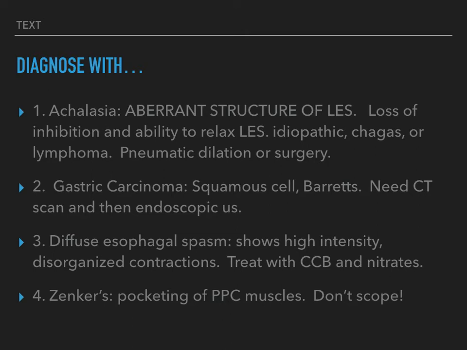You want to get a good idea of the anatomy on barium studies, and if you do scope a Zenker's, if you perforate, the patient will have subcutaneous crepitus, and perforation of the esophagus, for which you then need to go in for surgery.